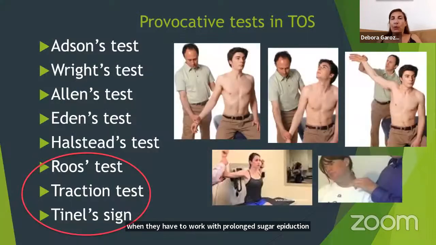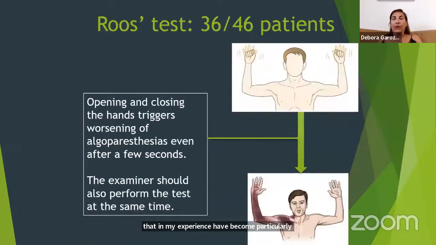If you open a textbook, you are going to see that it's a very important part of the neurological examination to include provocative tests. And there is a long list of provocative tests, but those that in my experience have become particularly helpful are the three that you see at the bottom of the list. Bruce test, which I always perform at the same time I examine the patient, is probably the one that I consider the less important.